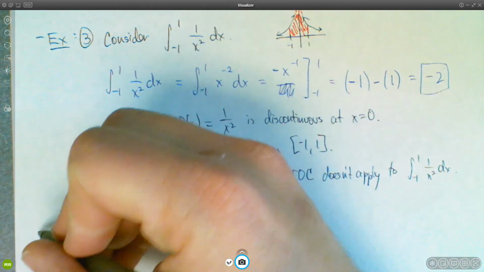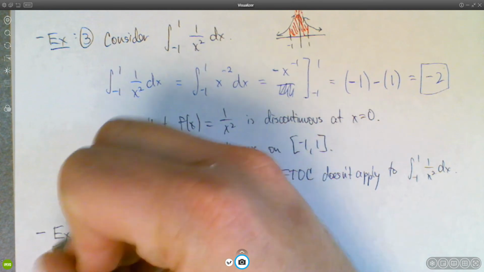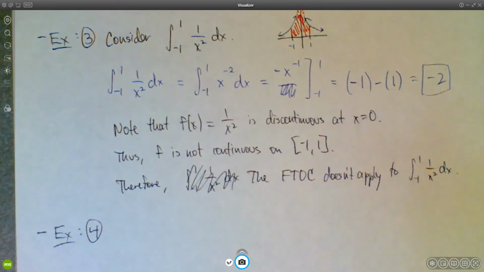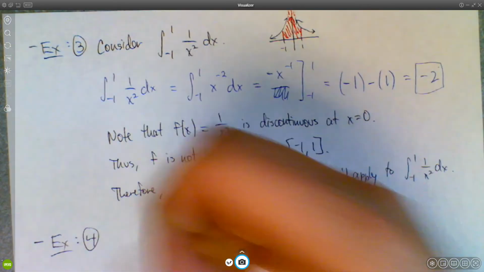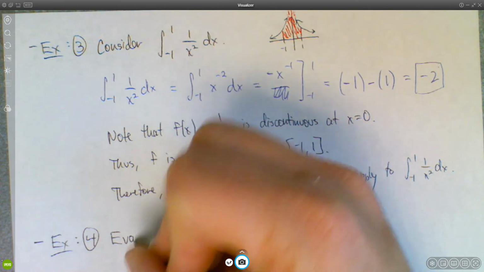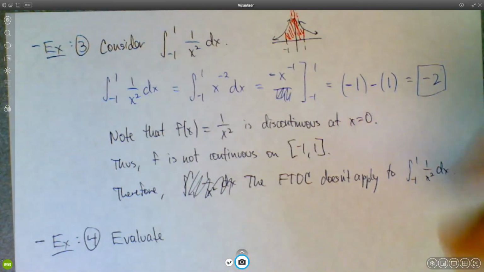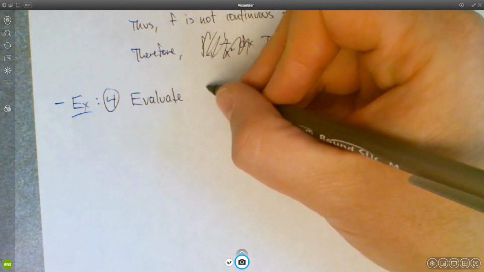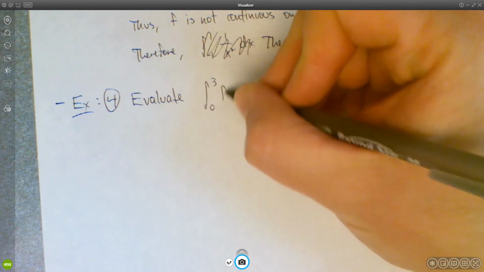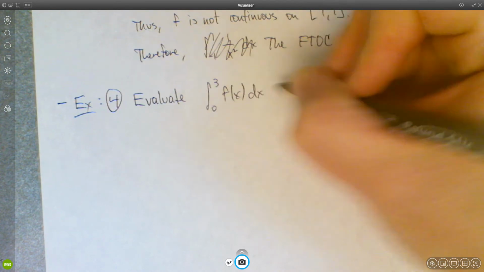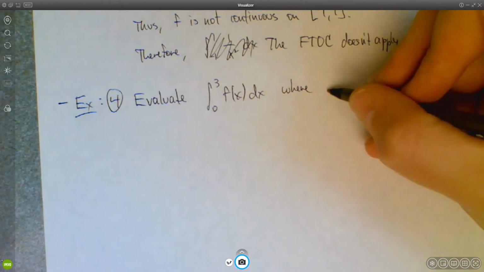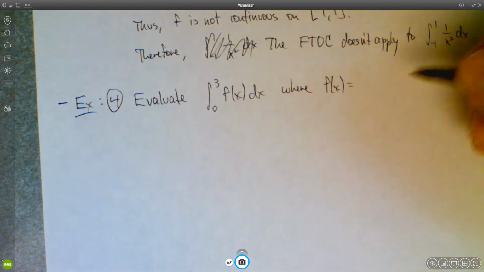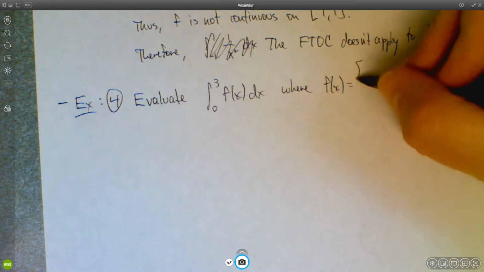Okay, to give you another example along these lines, let's see if we can even evaluate this integral, 0 to 3 of f of x dx, where f of x is a piecewise function.